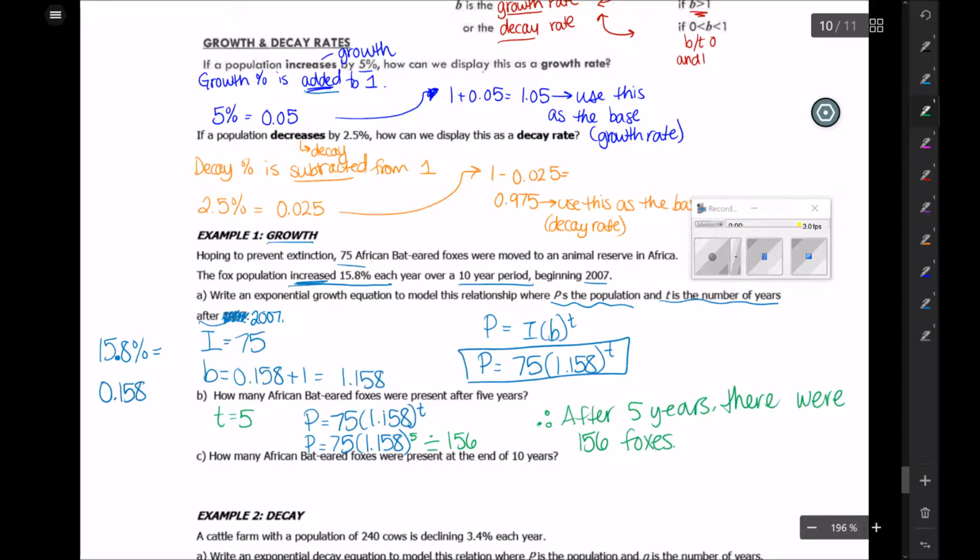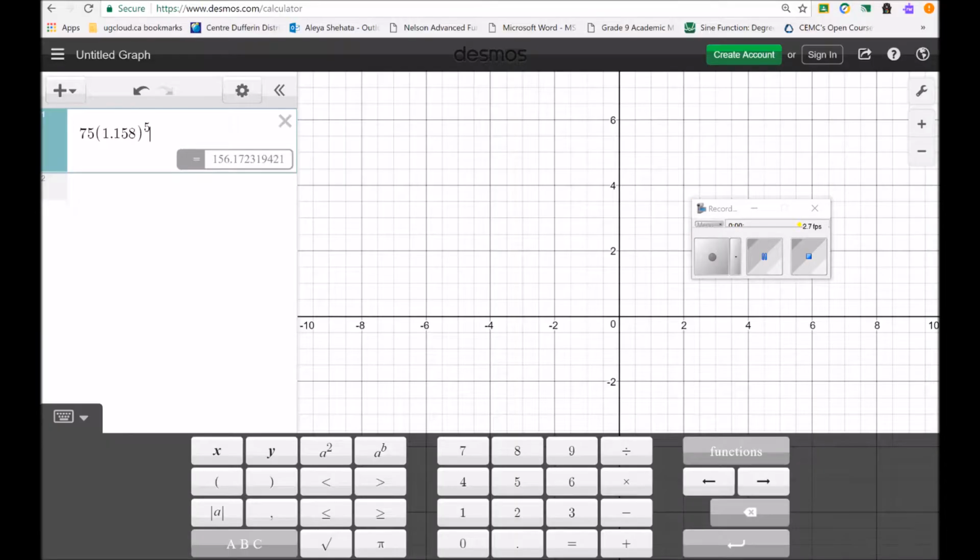Okay, and then for question C, it's asking how many were present at the end of 10 years. So this time, my T value is going to be 10, so I'm going to use the same formula, but instead of 5 or T, I'm going to replace it with a 10 right here. So go right back into Desmos, and I can even just go ahead and delete this 5 and make it a 10, and I get approximately 325.